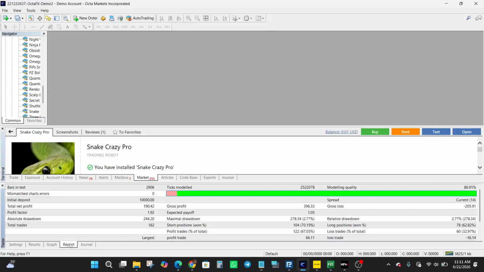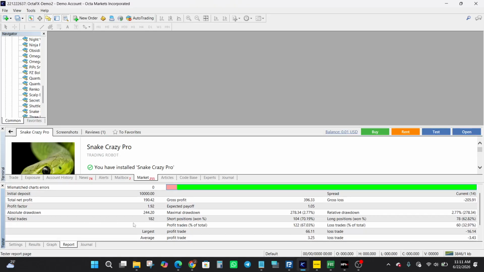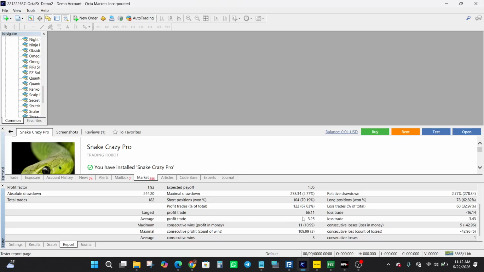Okay, so looking at the reports, the initial deposit is $10,000. Total net profit is 190.42, and the total trades taken were 182, out of which 122 were profitable, giving us a 67.03% win rate. And the largest profit here is $66.11.